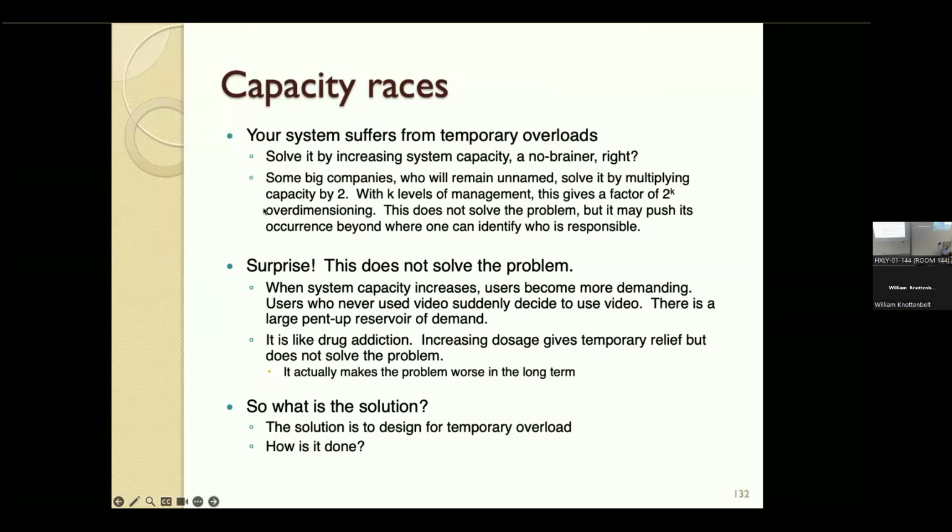This is not a joke. Laughing at it doesn't solve the problem; it pushes it away. That's exactly what happens. It does not solve the problem. It pushes its occurrence beyond where I can identify which of those managers is responsible. That is really what's done. This is not a joke.